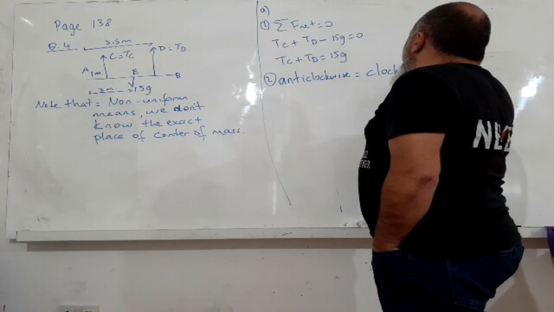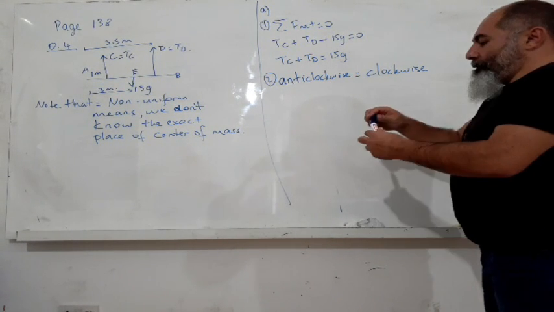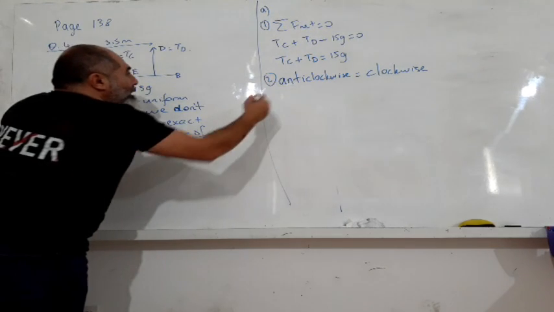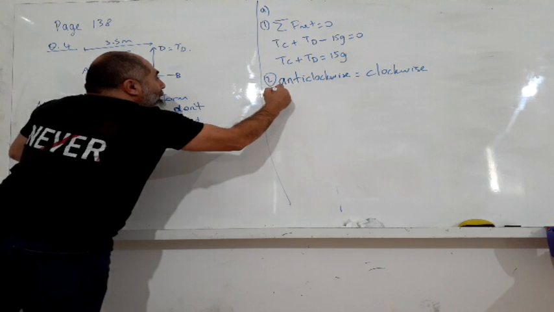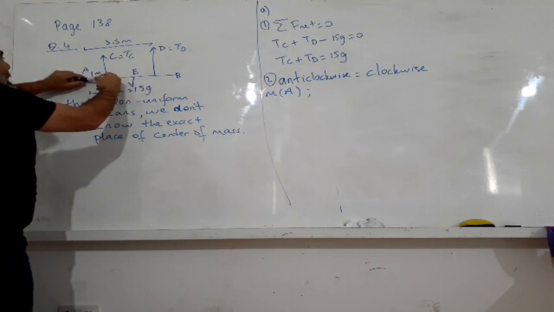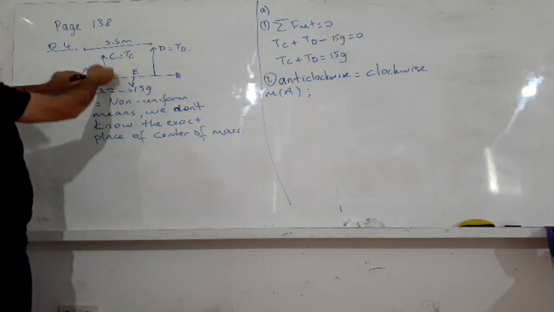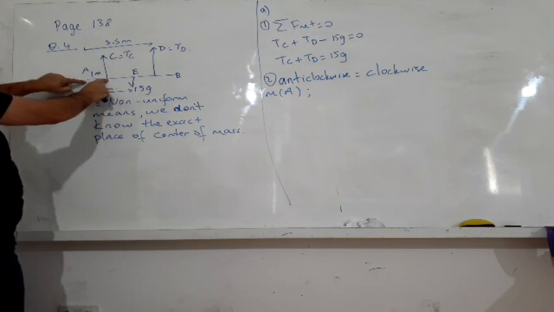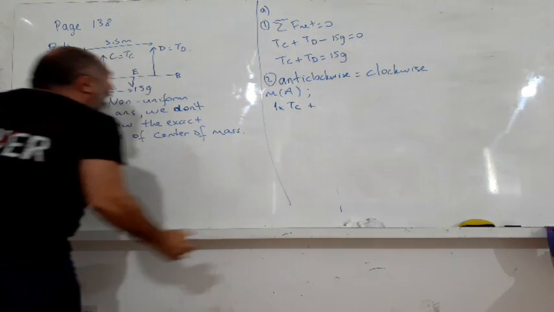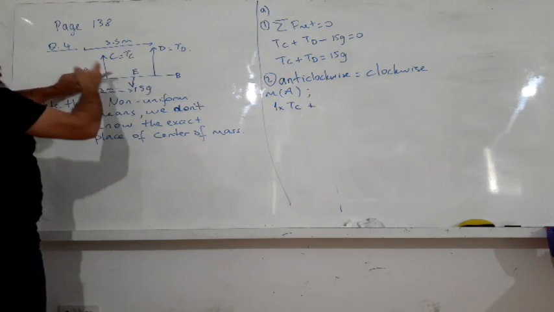So, moments about A. We have tension C pushing up, which tries to turn the rod anticlockwise. Its distance from A is 1, so 1 times tension C. We have tension D, again pushing up, trying to turn the rod AB in the anticlockwise direction.